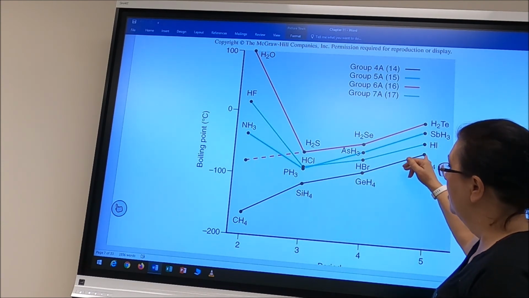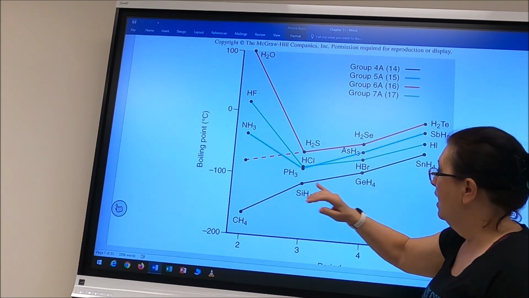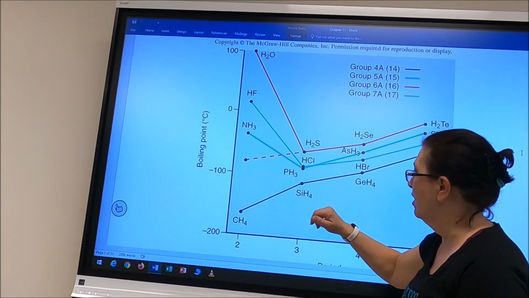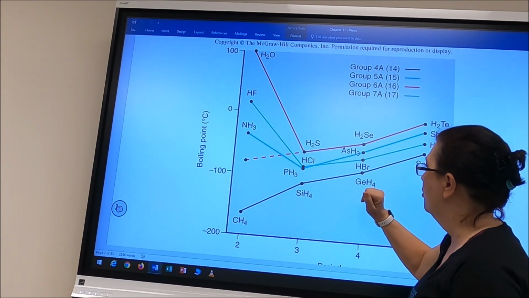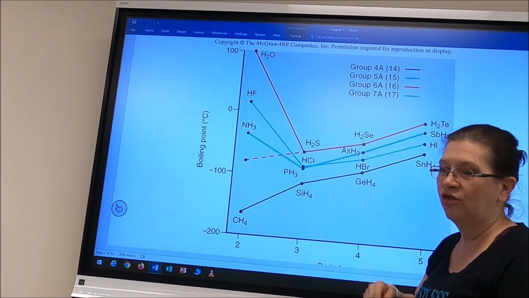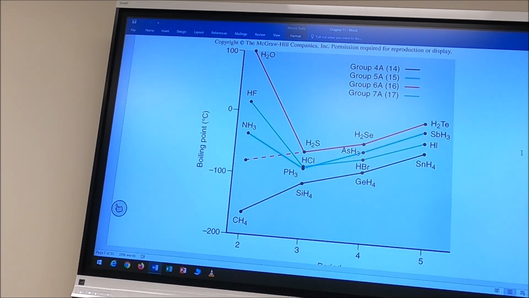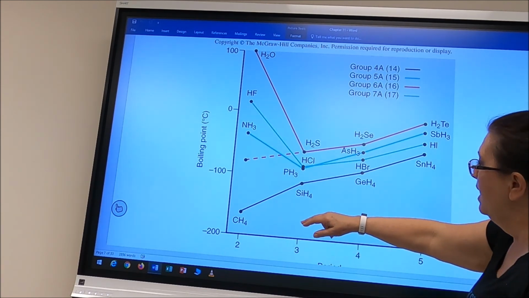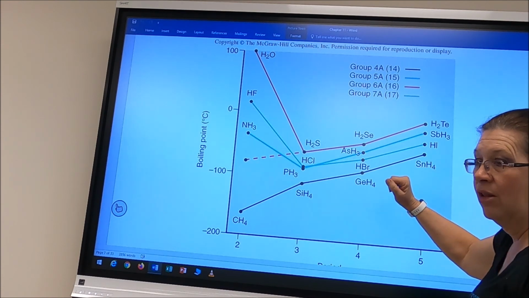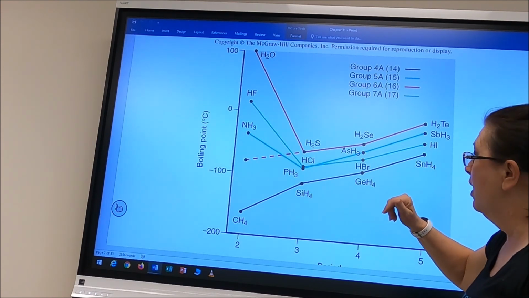Notice that boiling point goes up. That's because silicon's larger than carbon, germanium's larger than silicon, tin's larger than germanium. We'll talk about why that happens in a minute. But generally speaking, usually as molecules get larger, their boiling point goes up.